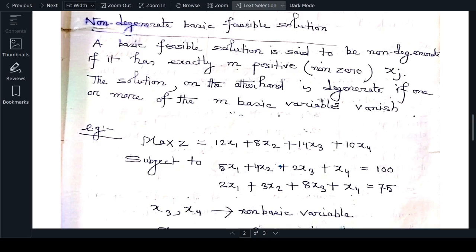Basic feasible solution means non-negative. But if we say non-negative, then 0 is also non-negative. For this reason, here it is written non-zero. If 0 occurs, then this is not non-degenerate. If 0 occurs in the solution, then this is called a degenerate basic feasible solution.